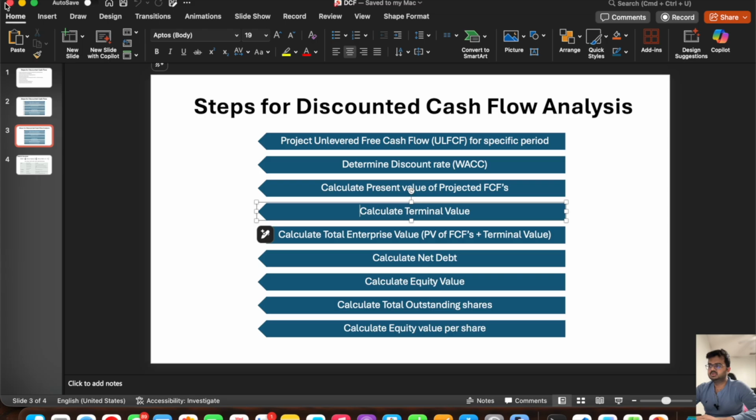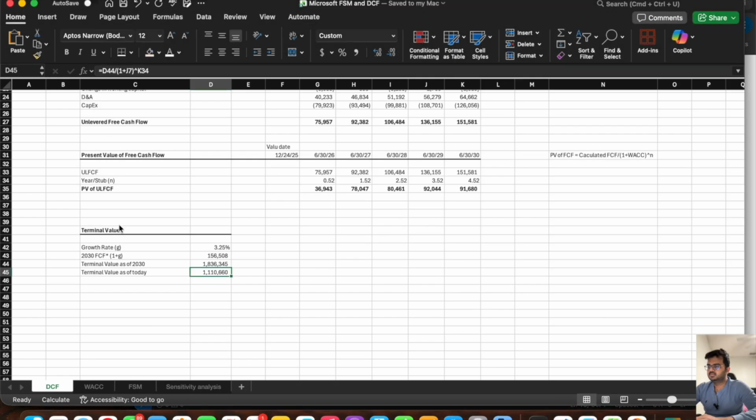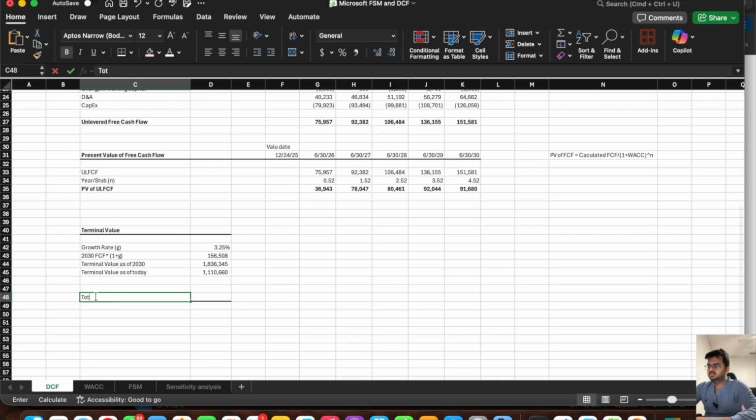Now we will get the total enterprise value. So that will be similar: total enterprise value is the terminal value plus the sum of the present value of free cash flow for 5 years.